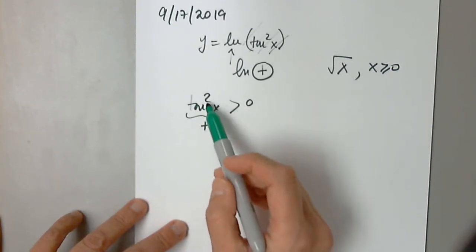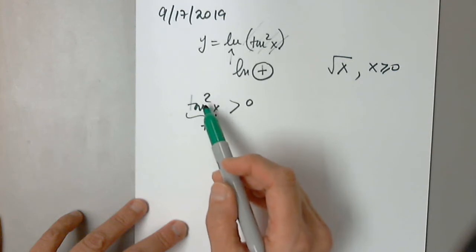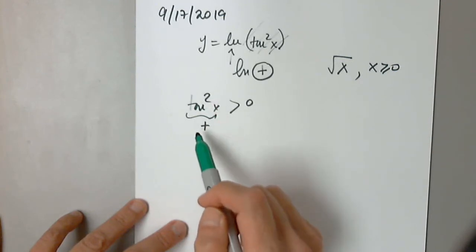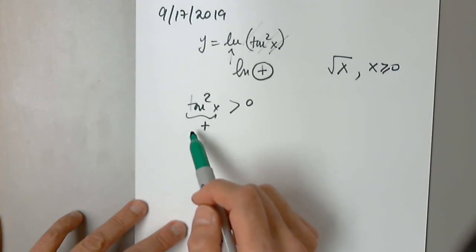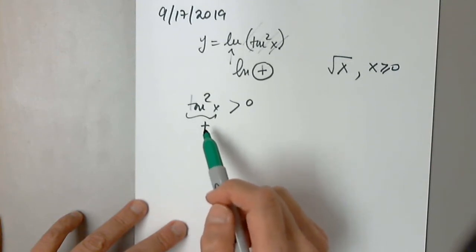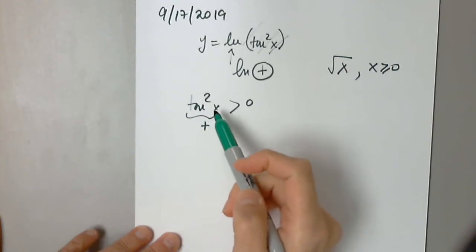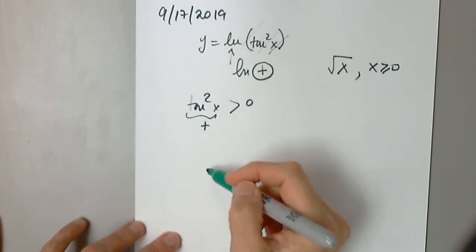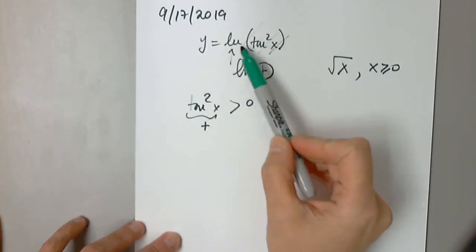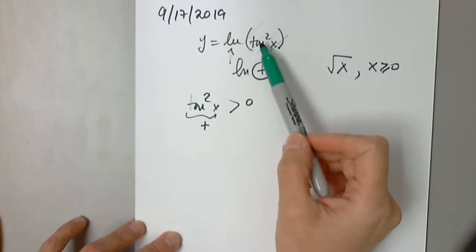It could never be negative because it's squared. But it could also be 0, and that will create a big problem. It's not a problem that it's always positive, but if it is 0, then it's a problem because I cannot plug in 0 in natural log.